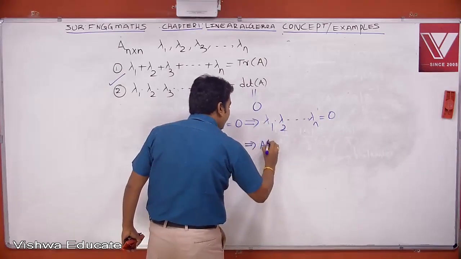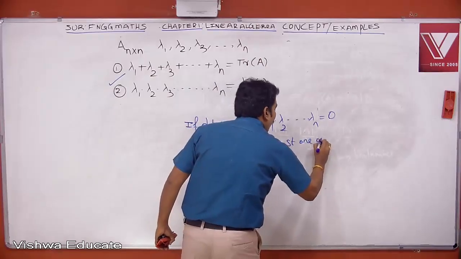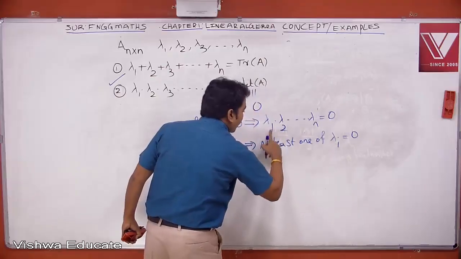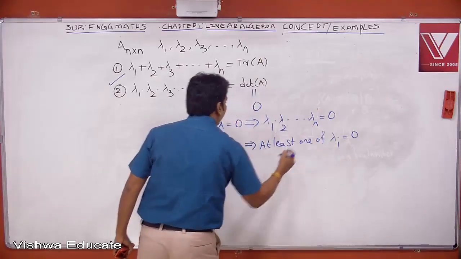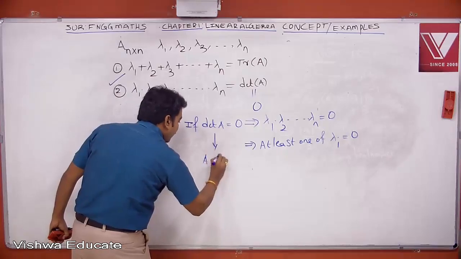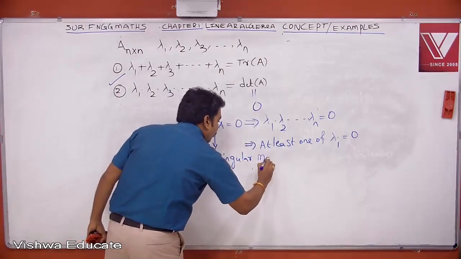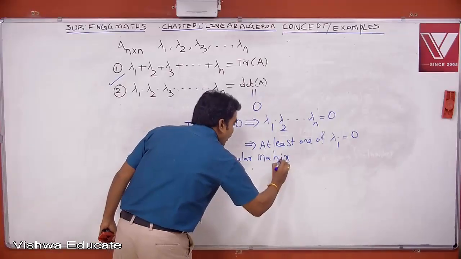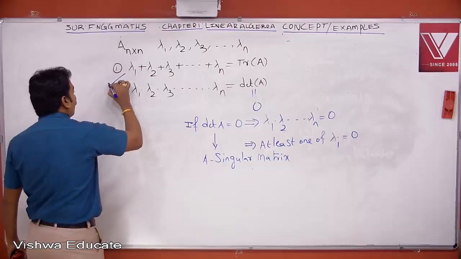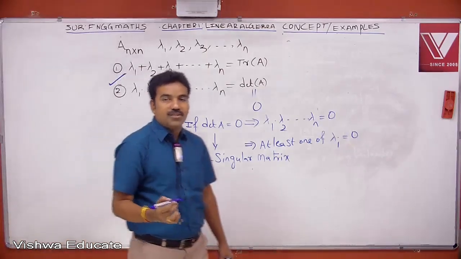That is, at least one of lambda i equal to 0, where i may be 1 or 2, etc. Therefore, det A equal to 0 means it is a singular matrix. That is, A is a singular matrix. Therefore, whenever you consider a singular matrix, at least one of its eigenvalues is equal to 0. This is the most important consequence of property number 2.